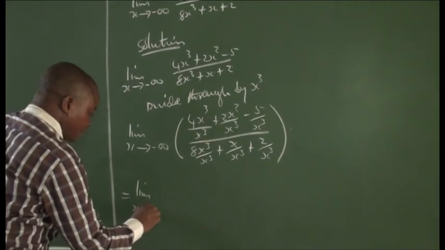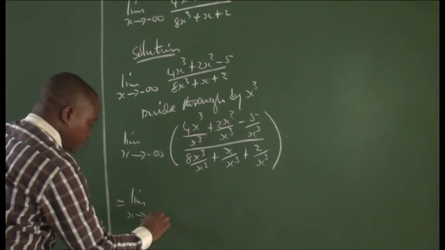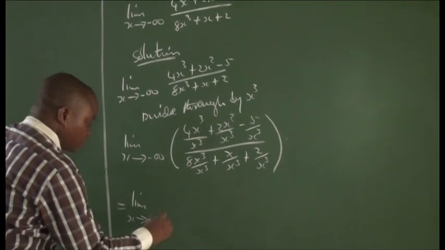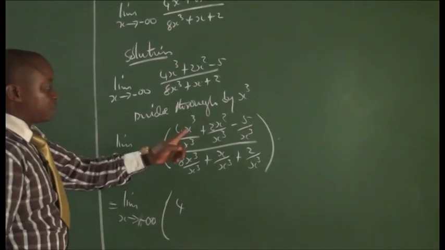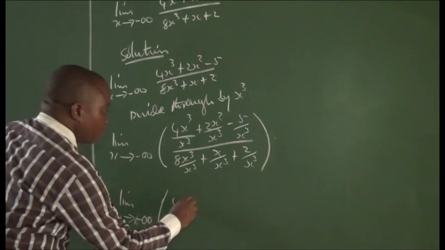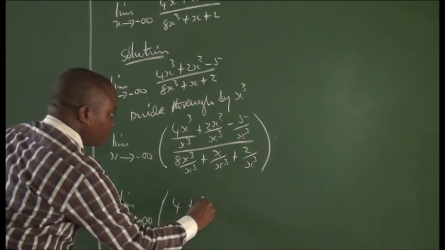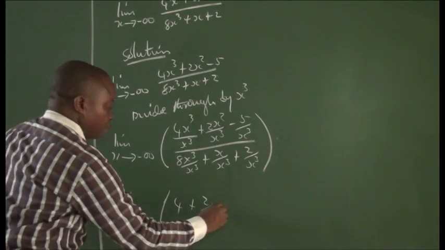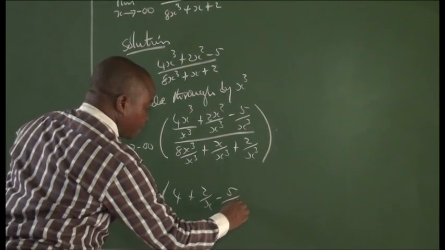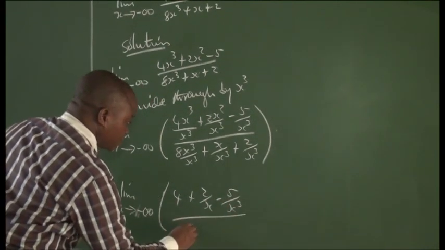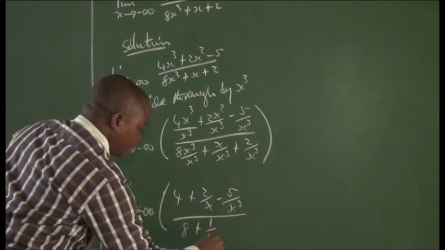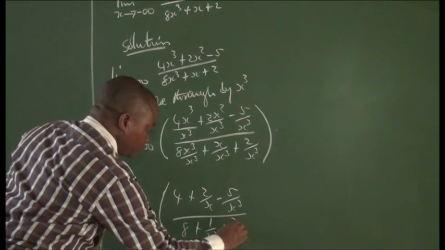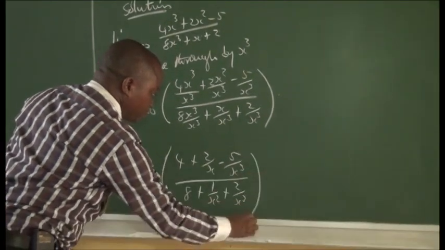The limit as x approaches negative infinity of 4, because x cubed cancels x cubed, you have 4, plus 2 over x minus 5 over x cubed, over 8 plus 1 over x squared plus 2 over x cubed.